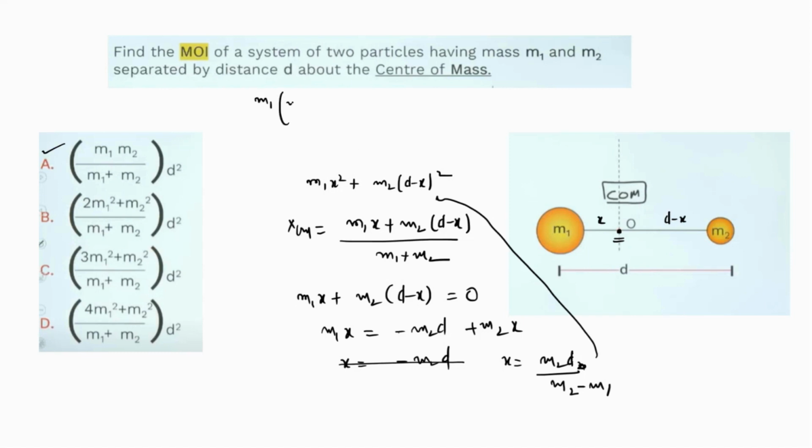So if I substitute value of x at these two places, so I'll get m1 into x, m2d over m2 minus m1, the whole square plus m2 times d minus m2d over m2 minus m1, the whole square. Correct? So if I simplify, we should try that simplification.